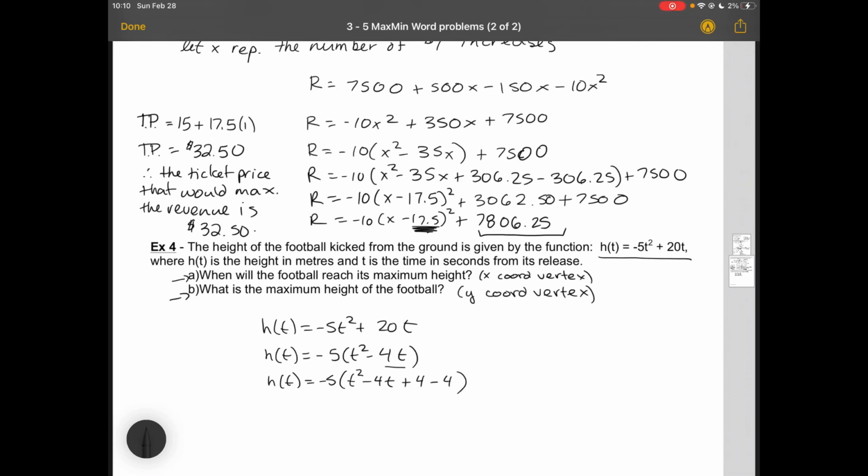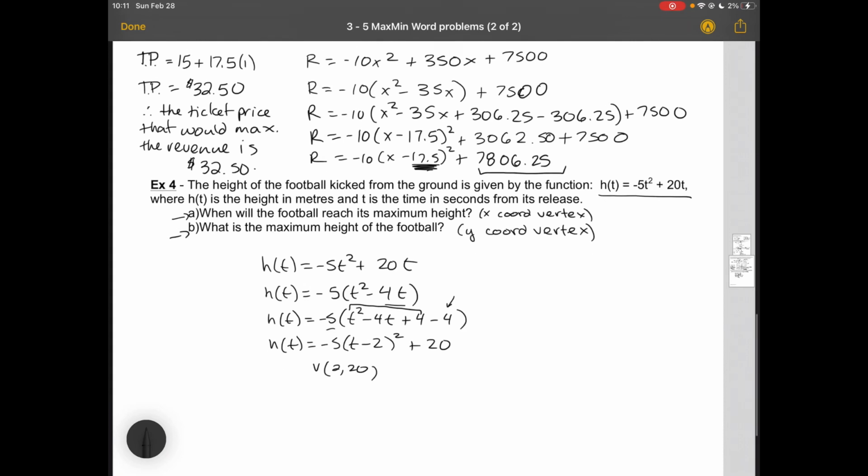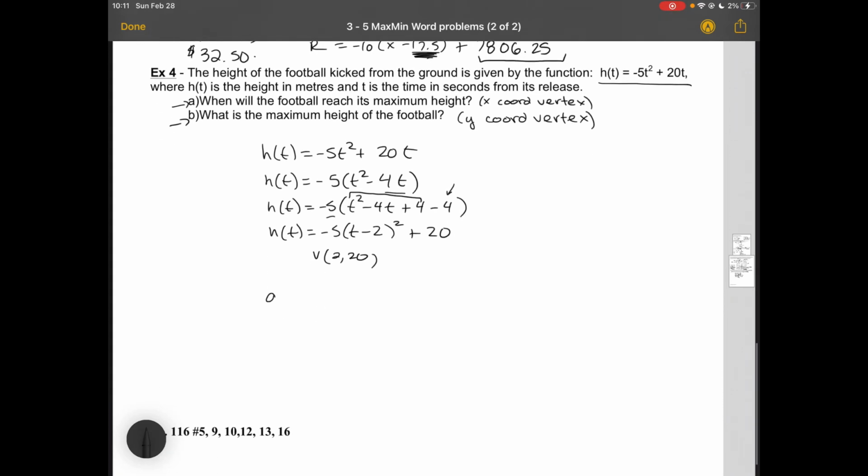And then we're going to add and subtract that value. This allows me to factor the first 3 terms as a perfect square. So t minus 2 all squared. And then I can bring out my correction factor at the end by multiplying by -5 that I had originally factored out. So plus 20. So now my vertex is (2, 20), which actually answers both questions for me.